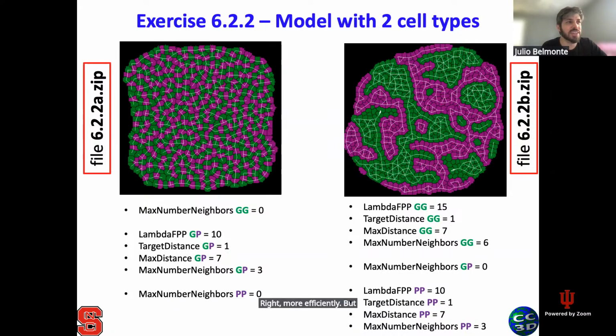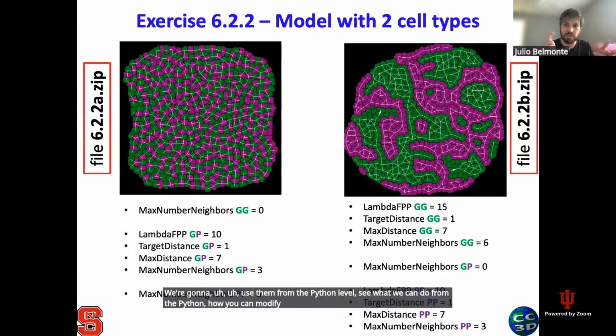The idea of these first 2 modules is to get you familiar with how links work and what you can do with them. In the next modules after the break, we're going to use them from the Python level to see how you can modify things on a cell basis.